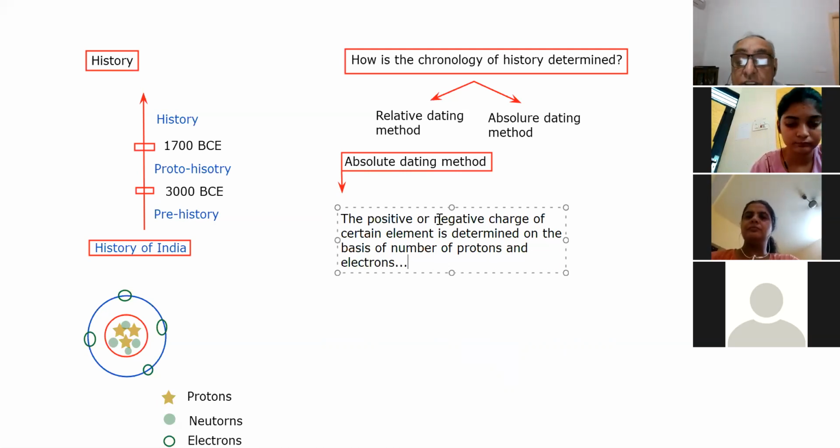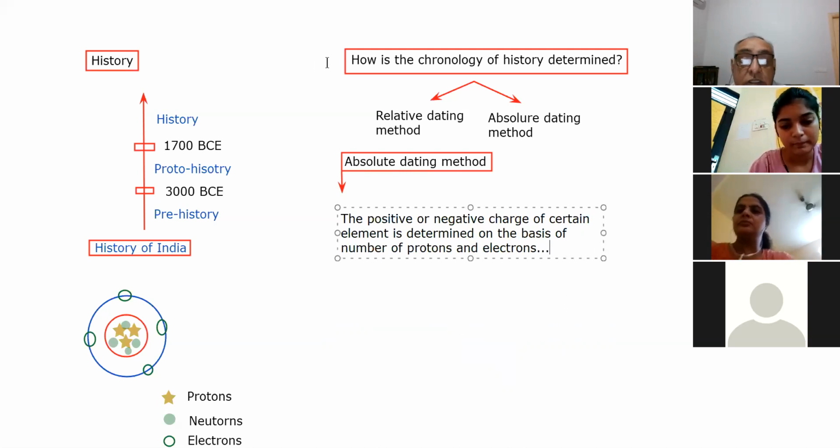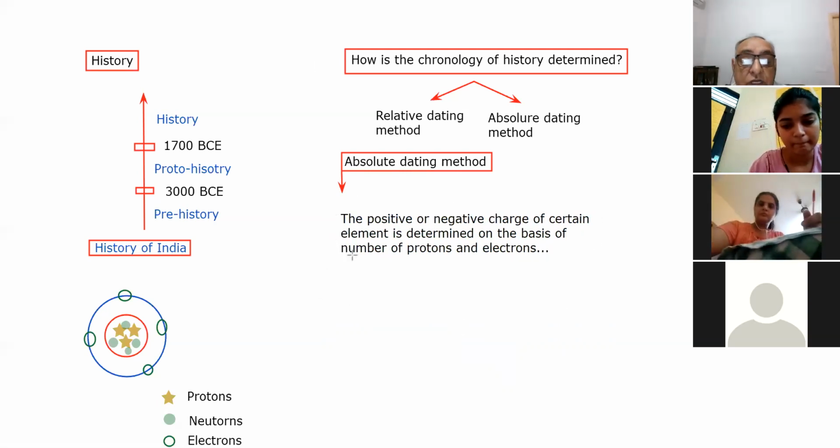So it is on this basis that the positive or negative charge is determined.